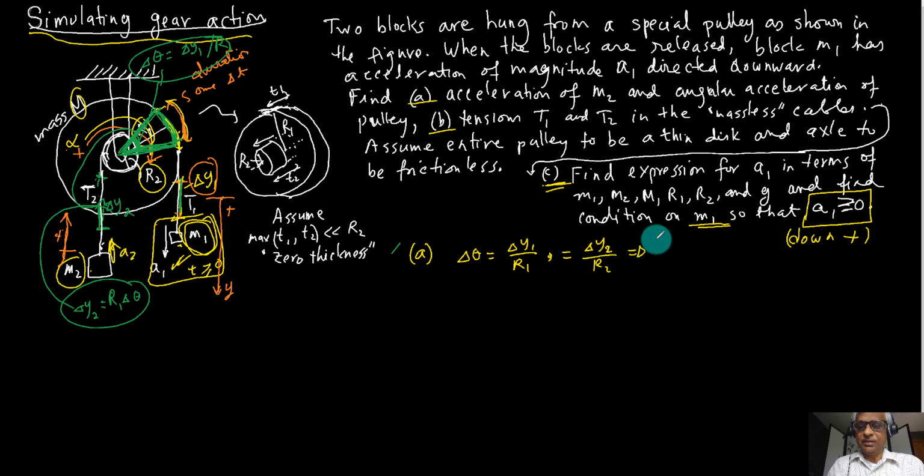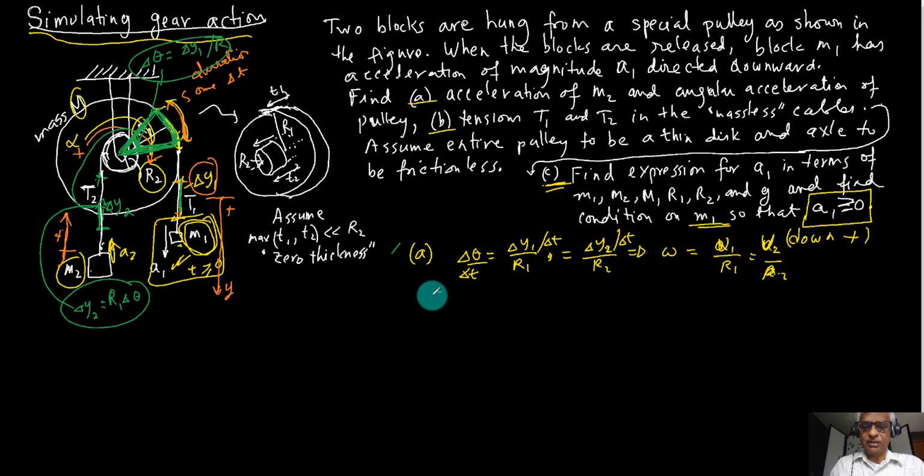That will mean if I take a derivative of this, divide by delta t, the omega will be equal to v1 over r1 is v2 over r2.